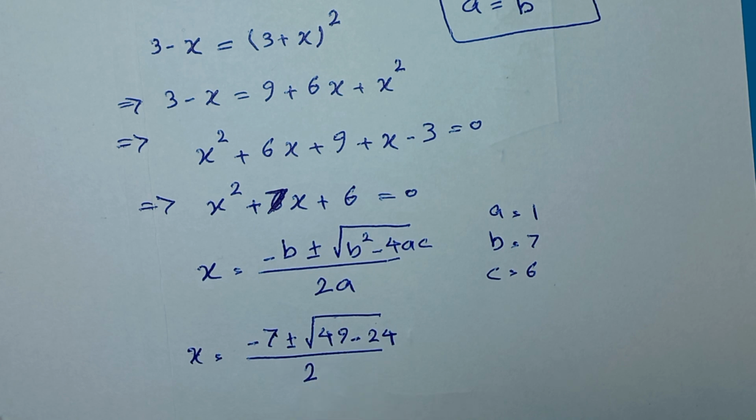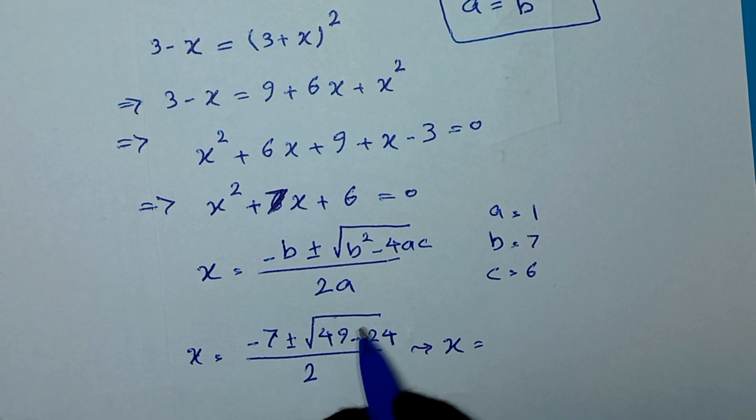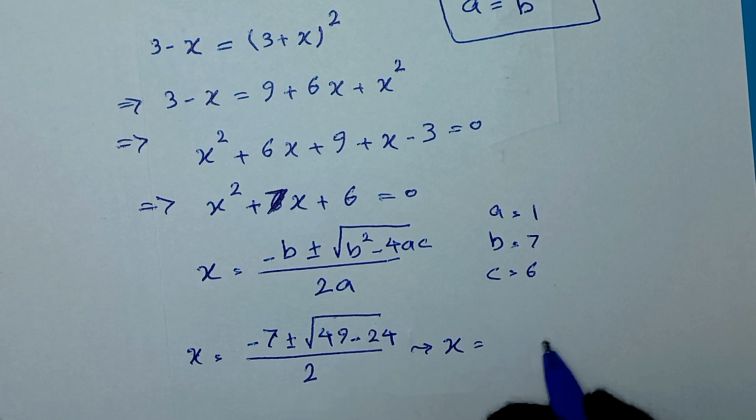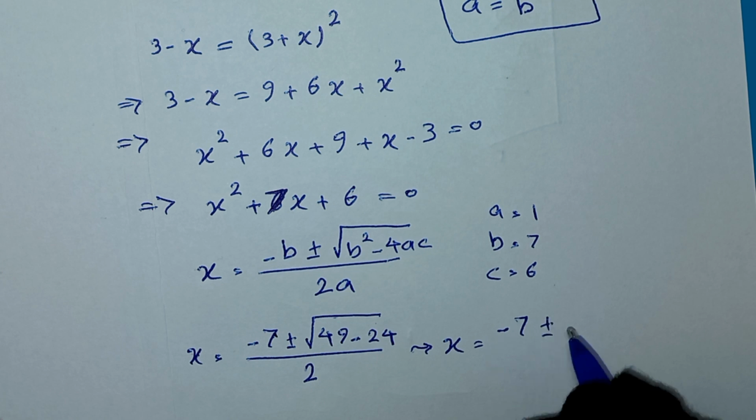And in here, x is equal to 49 minus 24 is 25, and square root of 25 is 5. So x is negative 7 plus or minus 5 over 2.